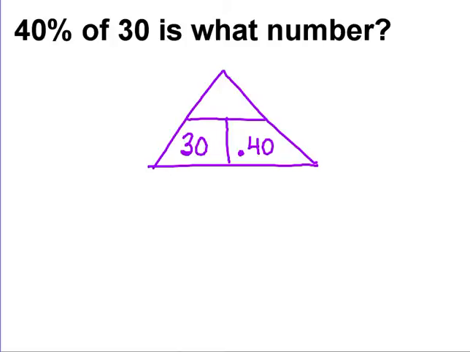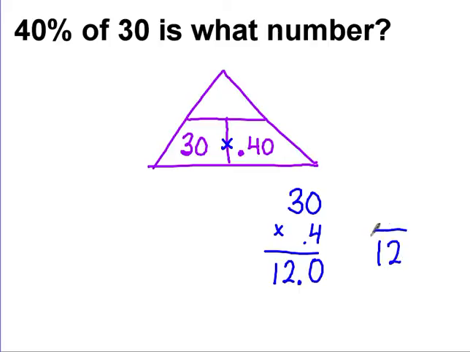Pretty straightforward. I'm just going to take 30 times 0.4. That's it, and I'm done. So 30 times 0.4, what do I get? 12, because I got one decimal place here. So there you go.